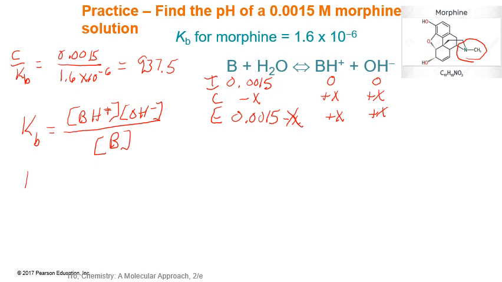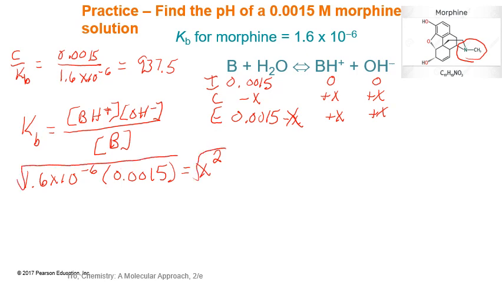So we have 1.6 times 10 to the negative 6 times, just rearranging here, the base concentration times our Kb is equal to X squared. Take the square root of both sides. We find out that X is equal to 4.9 times 10 to the negative fifth.